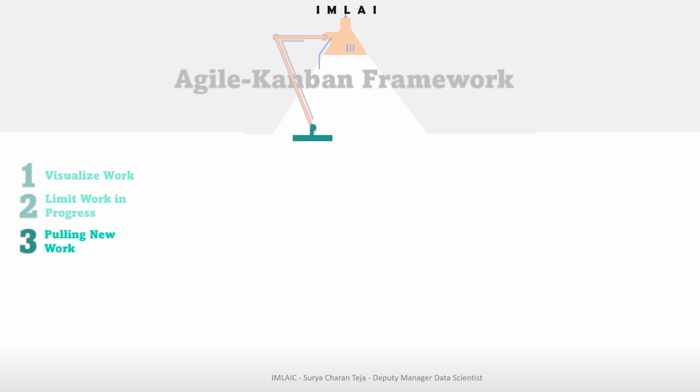Then the third one is pulling new work. As the Kanban method is a transparent process, all the tasks or user stories are placed in one place called the backlog.